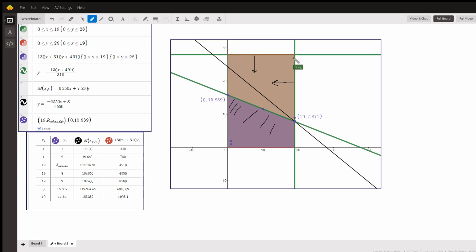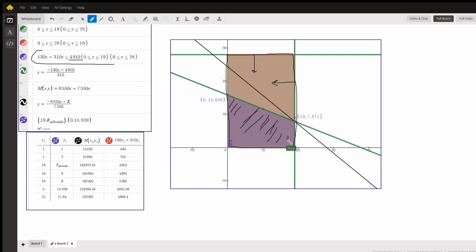But then we add on the fact that the most you can spend is, where do I have that? Oh, right here, $4,910. That's what this green line is right here. And we want to be below that line. So that's what this region is right here.